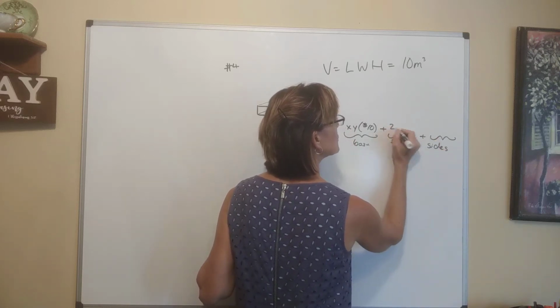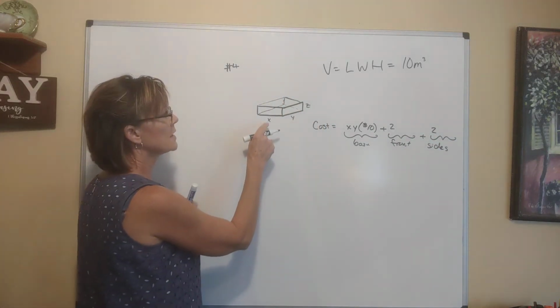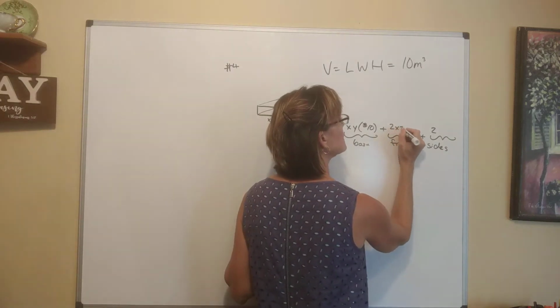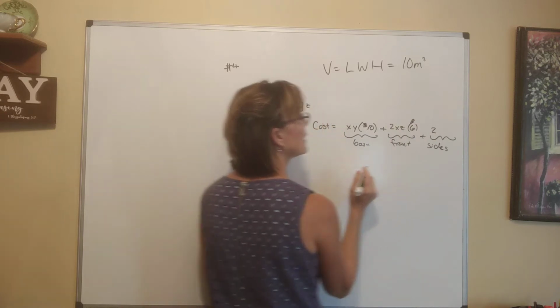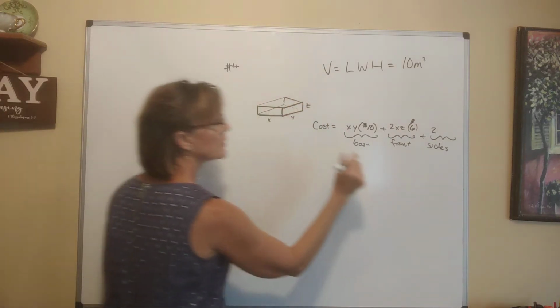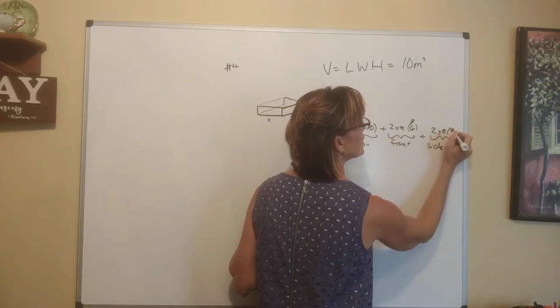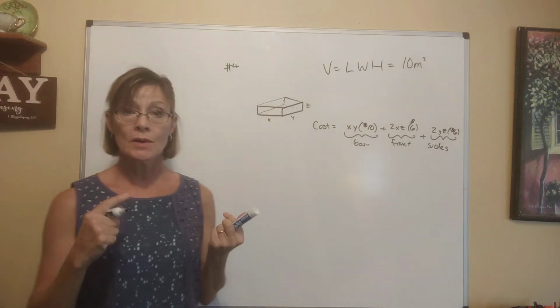Right, so there's 2 front panels, and the dimensions are X times Z, and then it says it's $6 per square meter there, and then the sides are Y by Z, and there's 2 of those, 2 times Y times Z, and those are also $6. So this is our cost equation, and that's what we want to minimize.